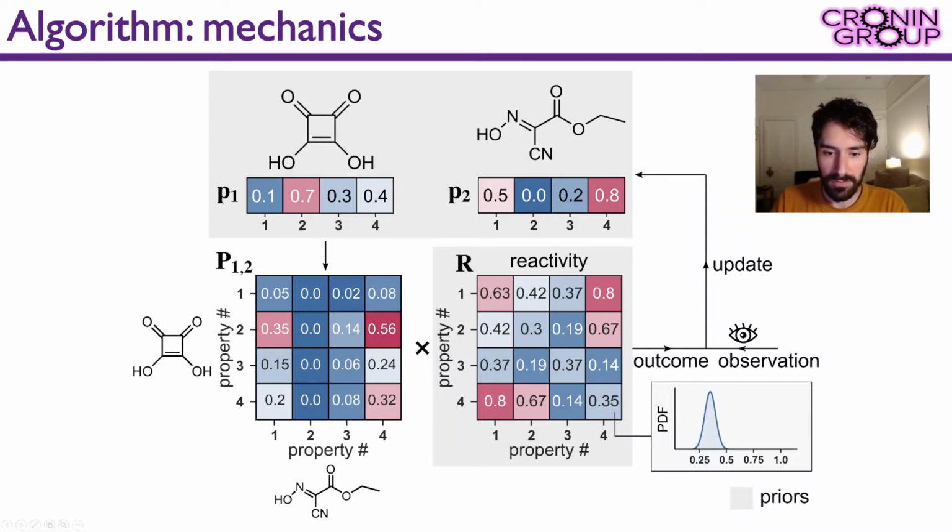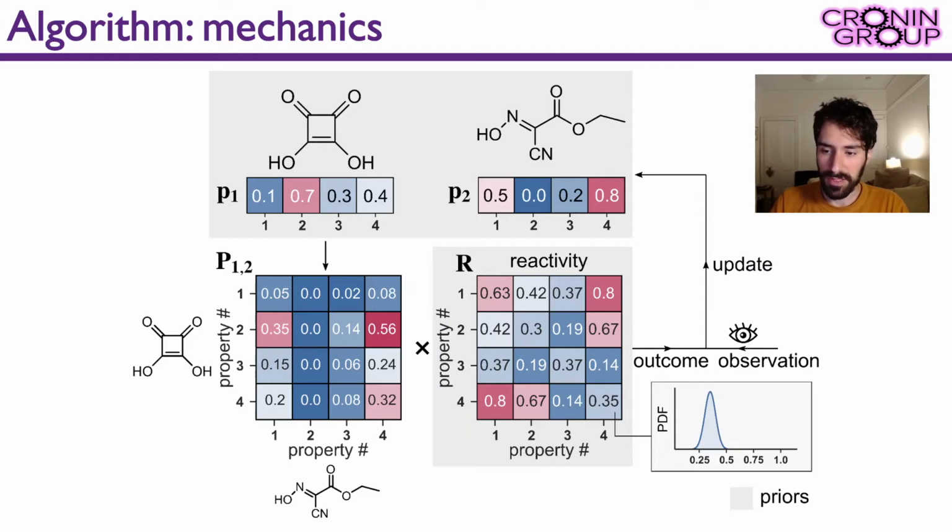Now, if you do an outer product of these, you get the probability of them simultaneously having these properties. So in this case, for instance, there's a high probability that compound 1 has property 2 and compound 2 has property 4. And then we imagine for each pair of properties the mutual reactivity of those properties.